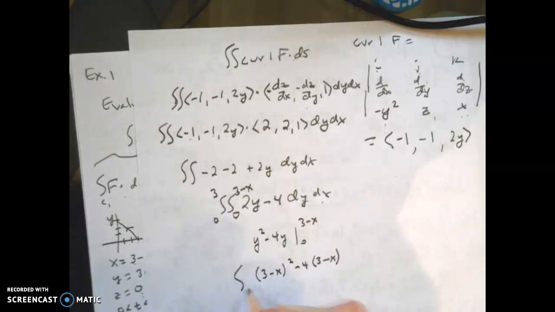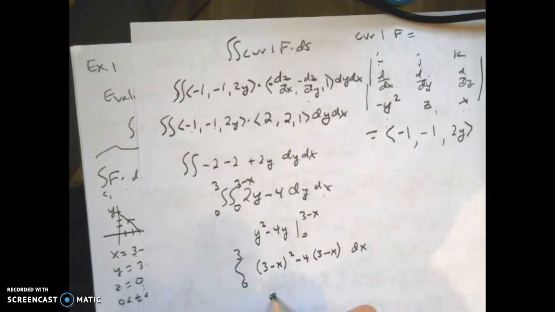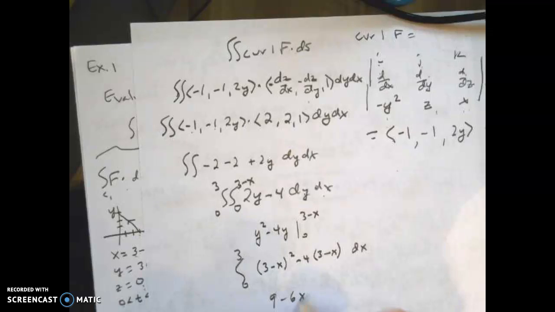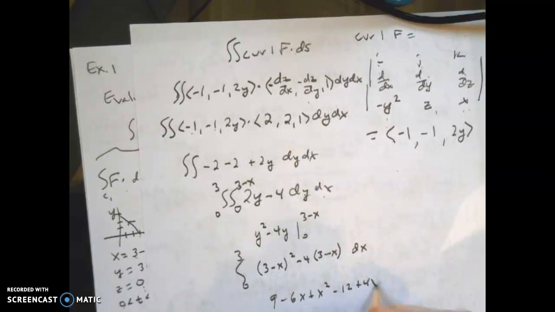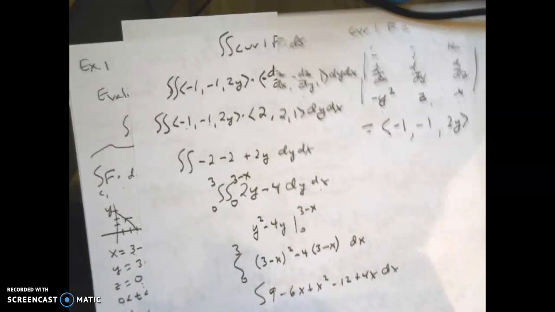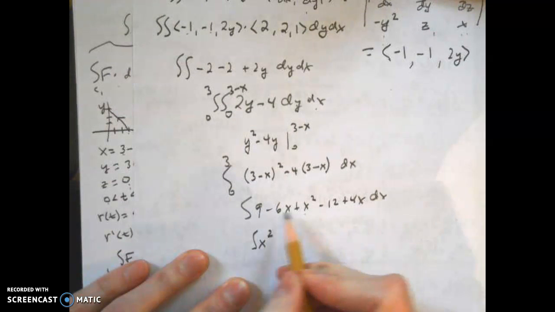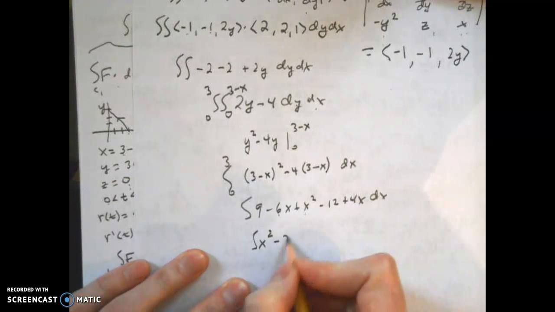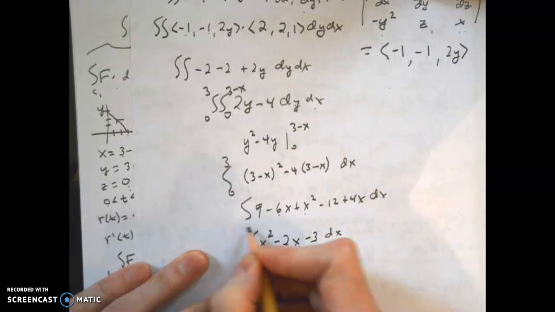And then I'm going to have to integrate this from 0 to 3 with respect to x, but let's simplify this first. So 9 minus 6x plus x squared minus 12 plus 4x. So I've got x squared minus 2x minus 3 dx from 0 to 3.